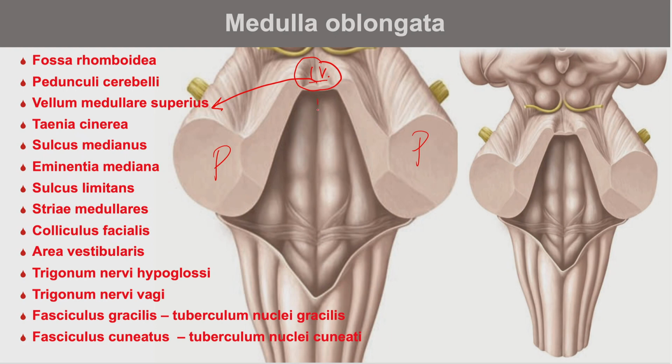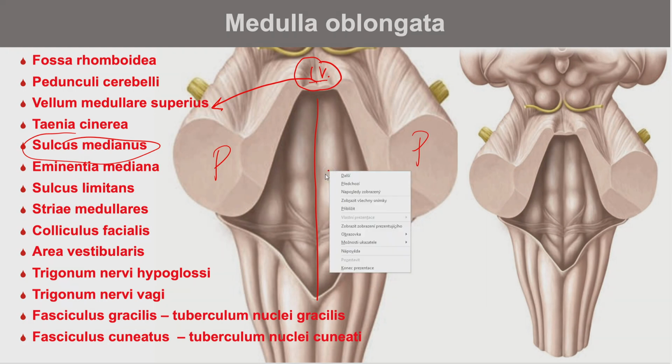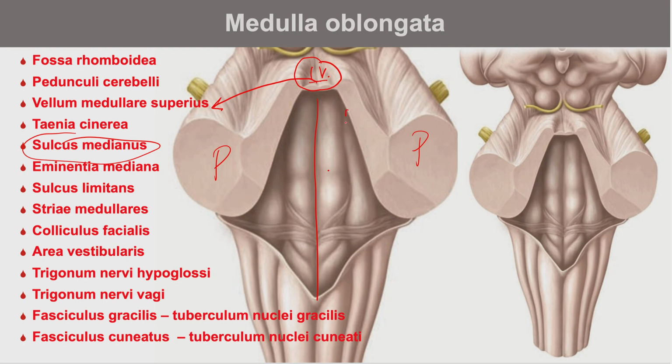Then I have commented tenia cinerea, sulcus medianus, median sulcus, which is splitting the basal plate into two lateral parts, right and left, and the second is sulcus limitans. So this is a sulcus medianus, and here is a sulcus limitans.